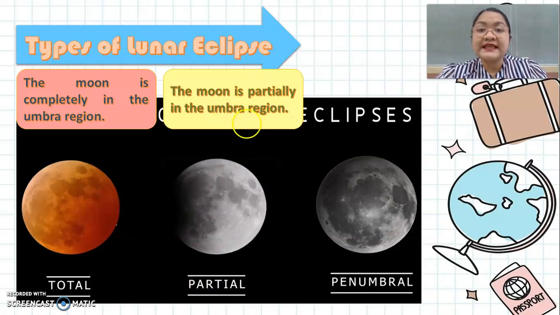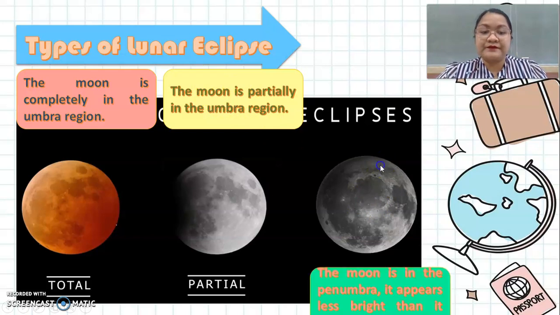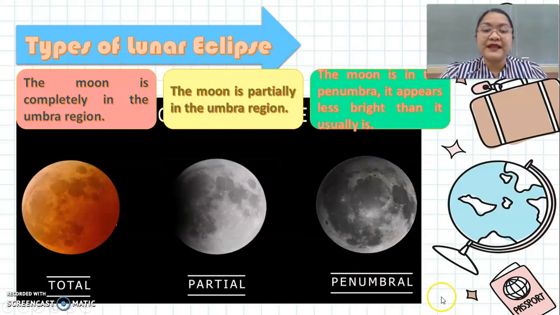Next, partial. The moon is partially in the umbra region. Just like in the partial solar eclipse, only some part of the moon is covered or affected by the lunar eclipse. And the last one, we have penumbral.